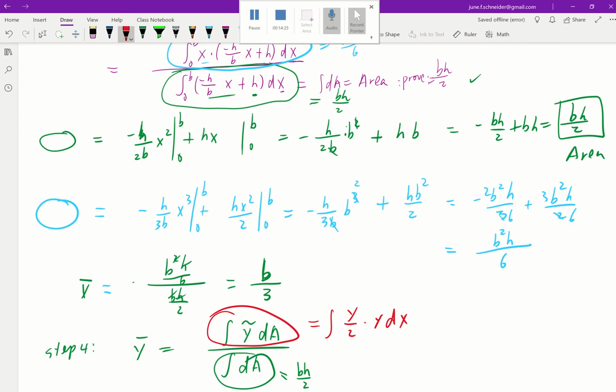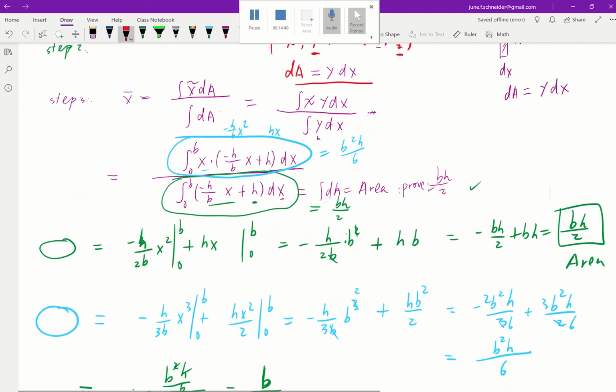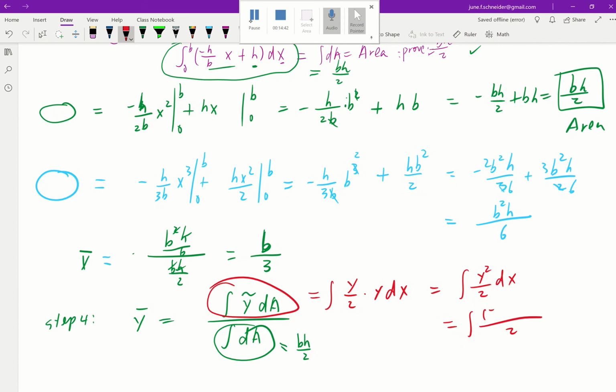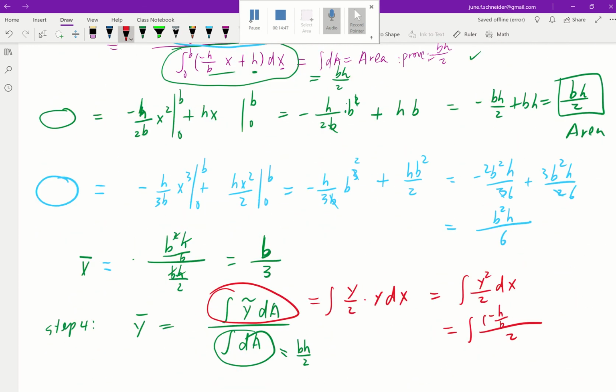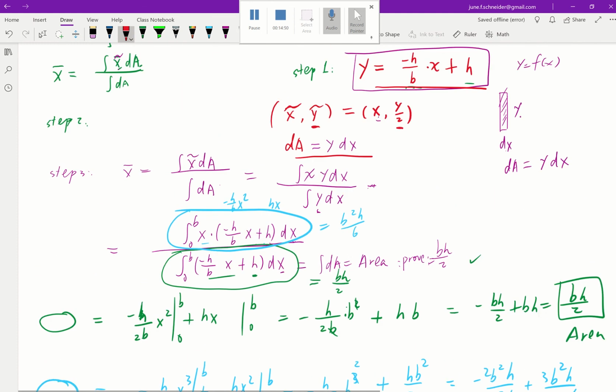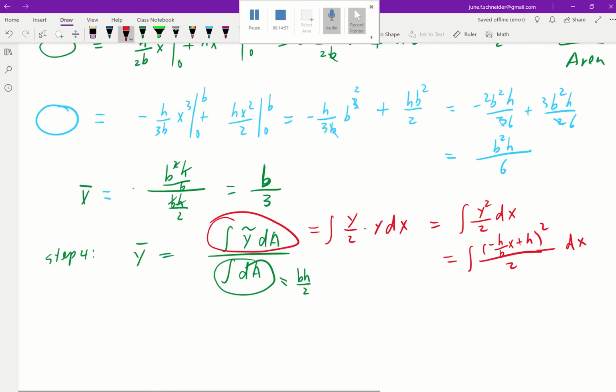Right? So you have that. Essentially, that's going to be half y squared dx. Again, we have to bring the y equation in there. The y equation is negative h over b x plus h. That's our y squared dx. So that's how we're going to integrate that term.